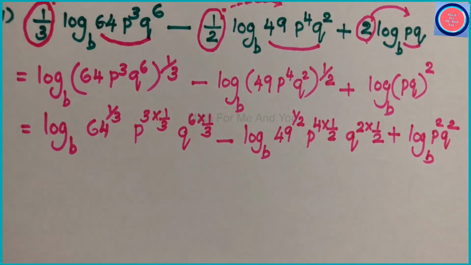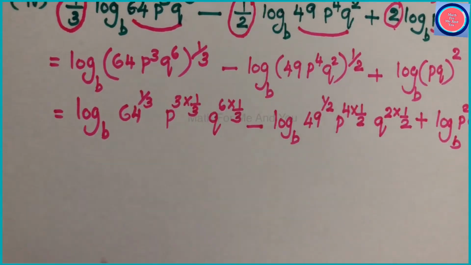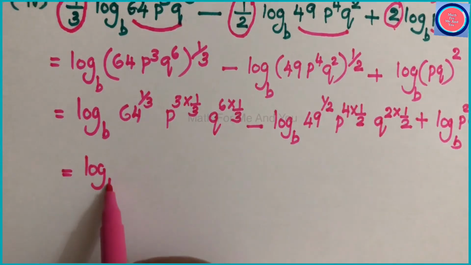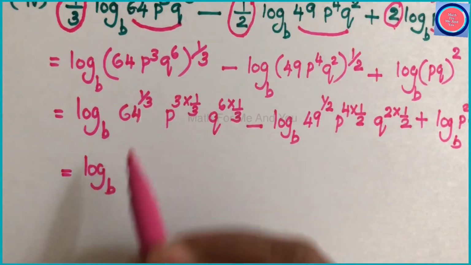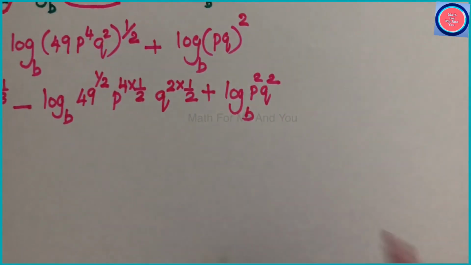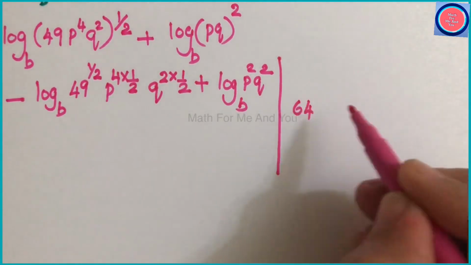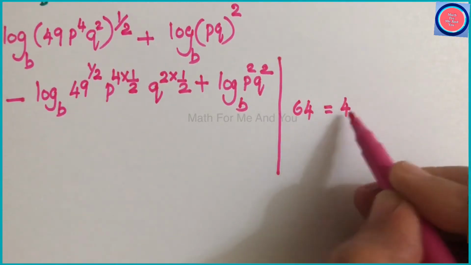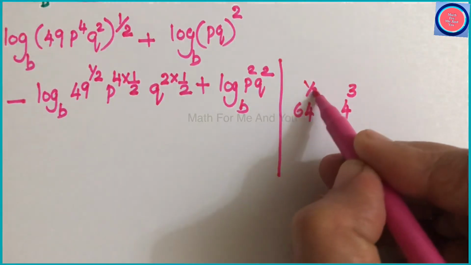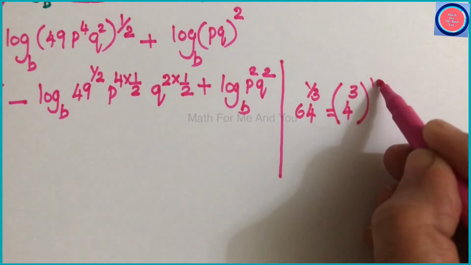Again simplifying. First term we get log to the base b, and now we find the value of 64 to the power 1 over 3. What is 64? 64 is 4 times 4 times 4. We can write 64 as 4 power 3. If we take the power 1 over 3, 4 power 3 gets the power 1 over 3.